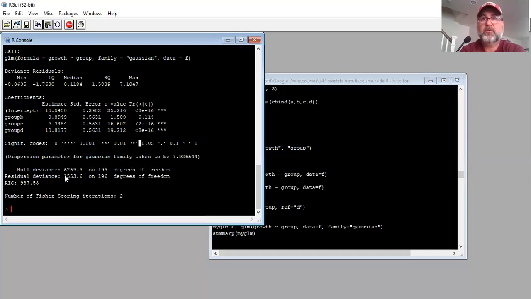Okay, so now it's almost like the flip of R squared. So deviance is the deviation from fitted, right? So the smaller, the better. Okay, so null deviance, just fitting the intercept, is 6,269.9, and the residual deviance, and now you have a variable, so you lose degrees of freedom, but it's much smaller.